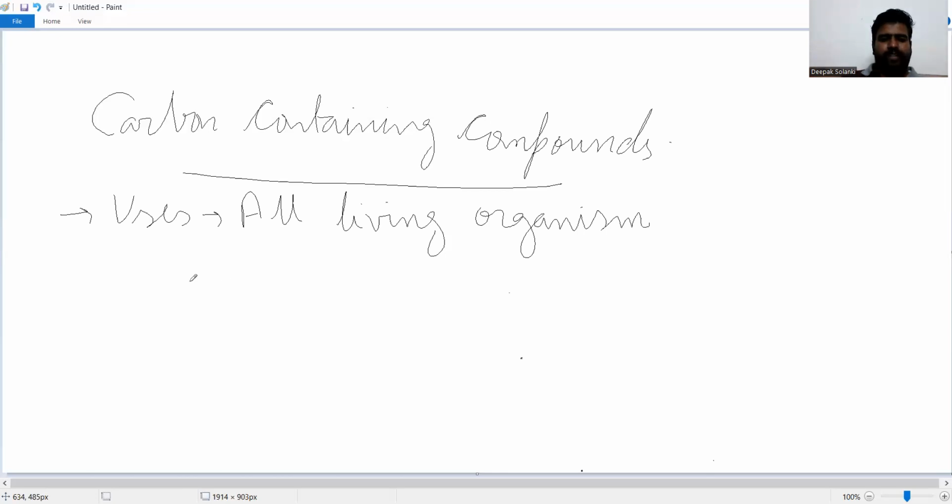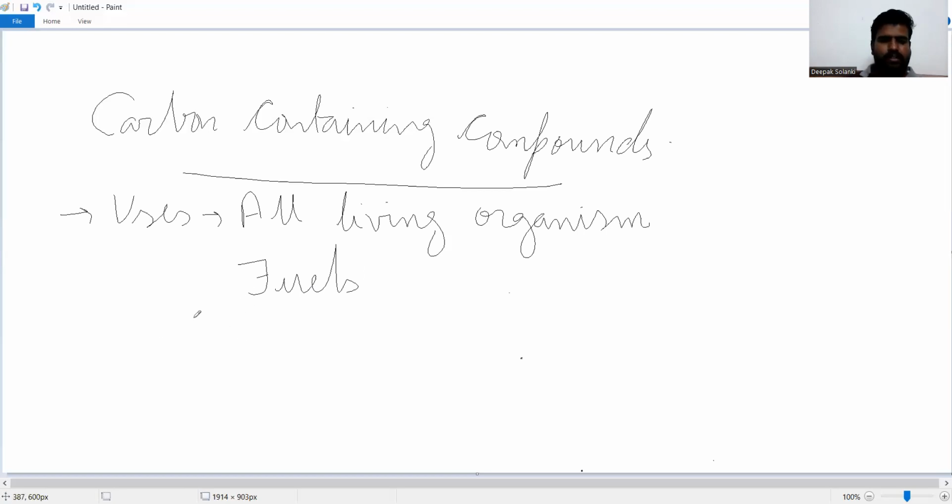Okay. The second use is in fuels. We see that in all fuels there is carbon present. So carbon is an important part. Fuel is made up of carbon.